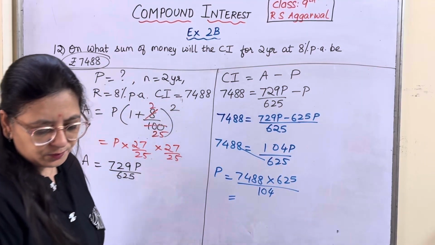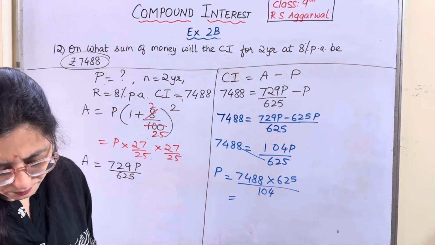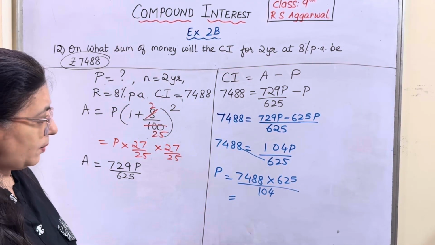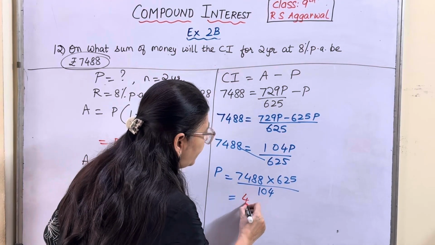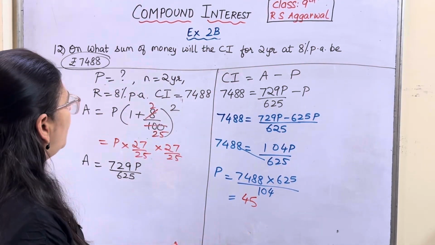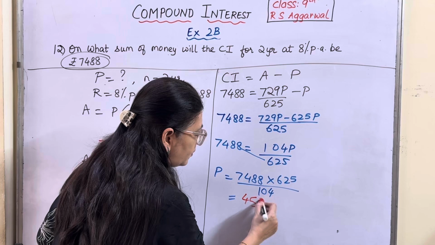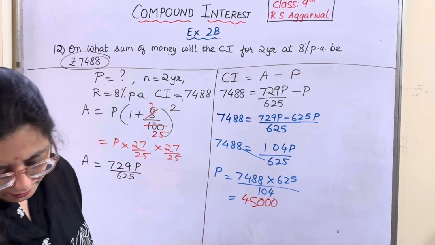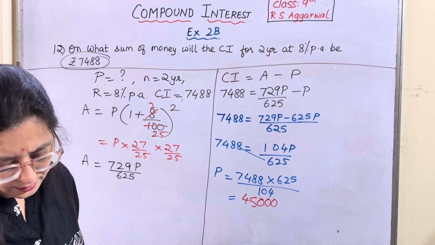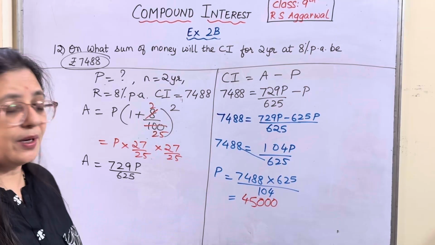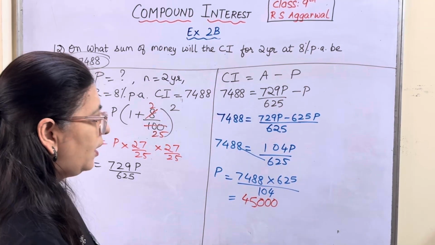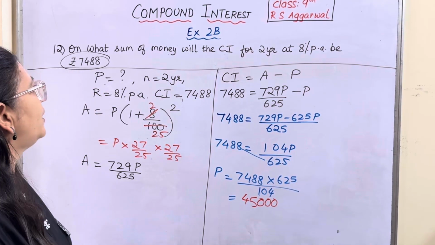Check the answer. What answer are you getting? It would come to 45,000. Reduce it and check. You will get the principal as 45,000. I hope it's clear. Let's go to the next one.